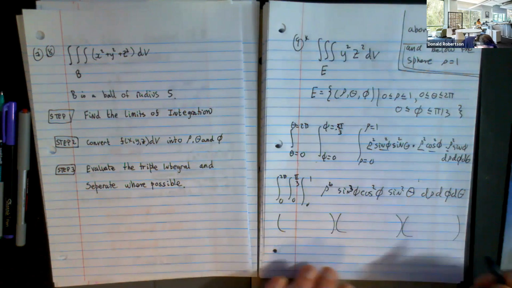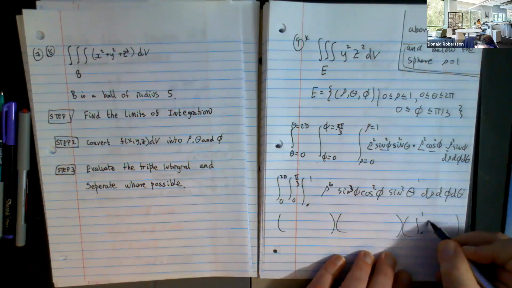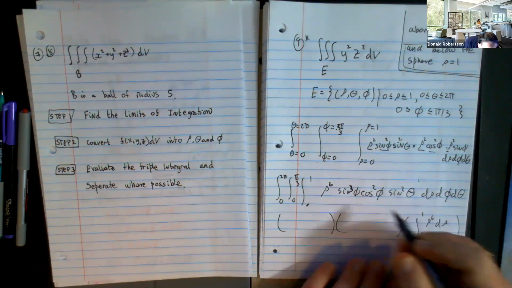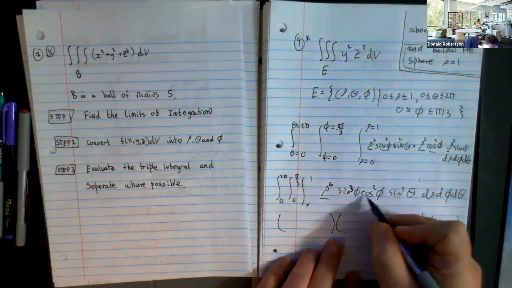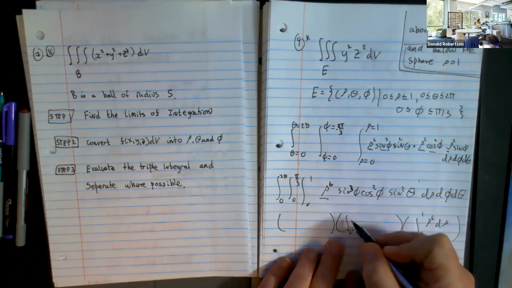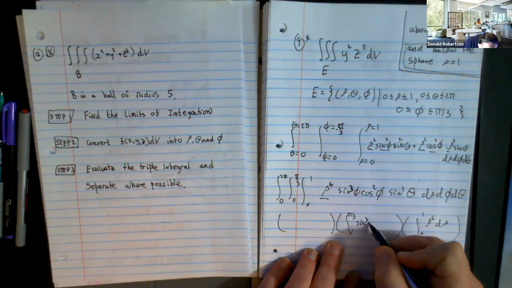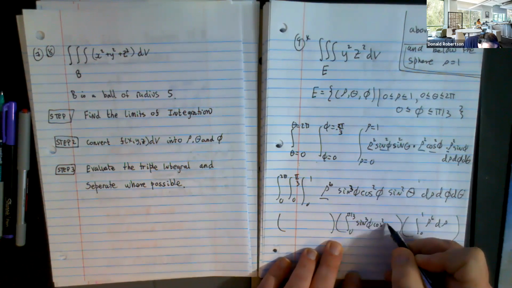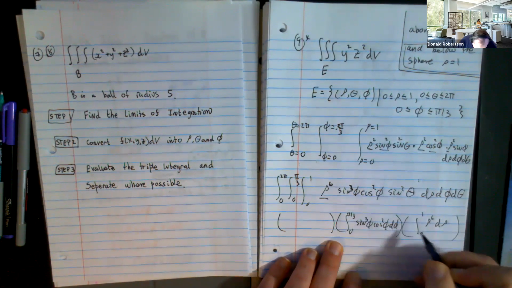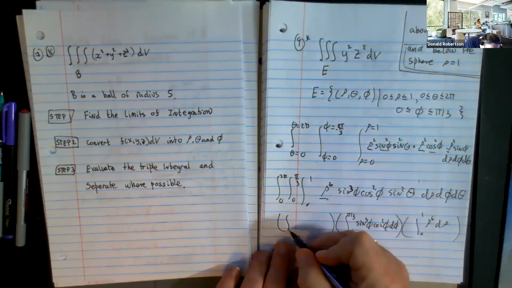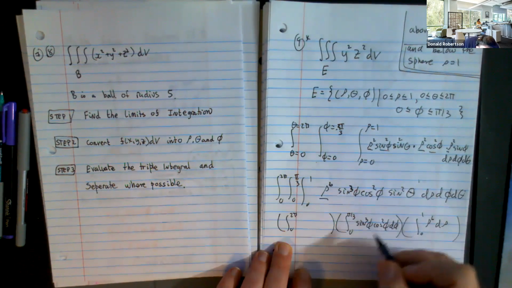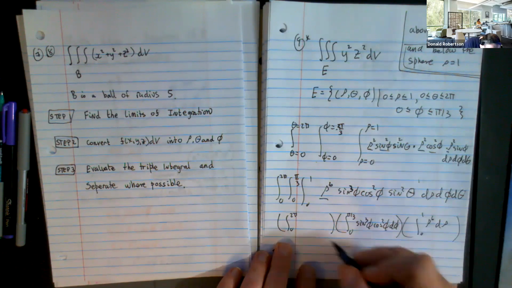So I could do 0 to 1 of rho to the 6. As far as the phi is concerned, that's 0 to pi upon 3, I'll do a sine cubed with a cos squared. And I'll do a 0 to 2 pi of sine squared theta.